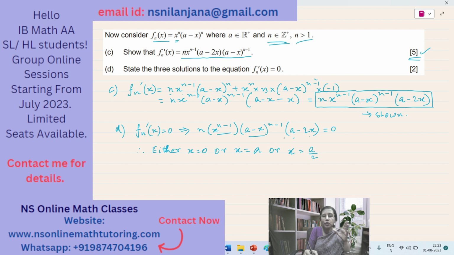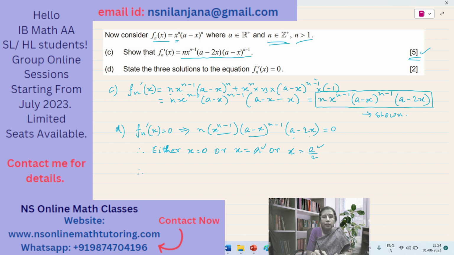And since a is a positive real number, obviously a will be greater than a over 2. That is why I'm just rearranging the 3 zeros.